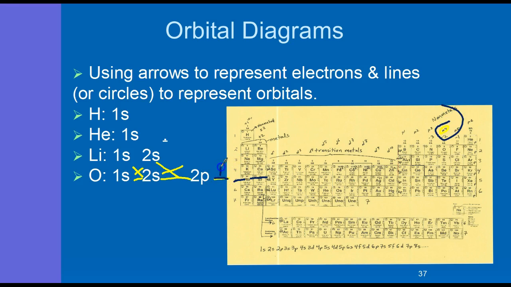This is where Hund's rule comes into play. So 1, 2, 3, and then we pair up. What I might ask you is how many unpaired electrons are there? There are 2 unpaired electrons. So oxygen must have something special going on. In fact, I'll give you a little hint: since oxygen is missing 2 electrons, it gains them from another element to become the 2- that we've talked about in the past.